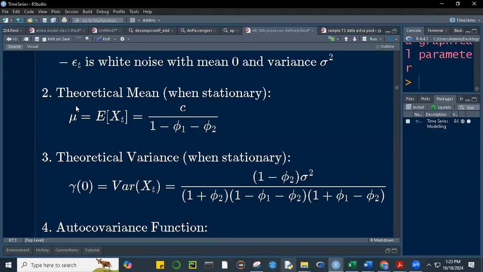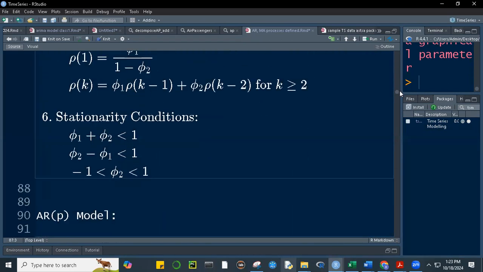So that's your theoretical mean mu. Okay, and then you also have the formula for the theoretical variance, your long run variance. What's important here, class, is the stationary conditions. For this to be an AR2 process, the sum of Phi1 and Phi2 should be less than 1.